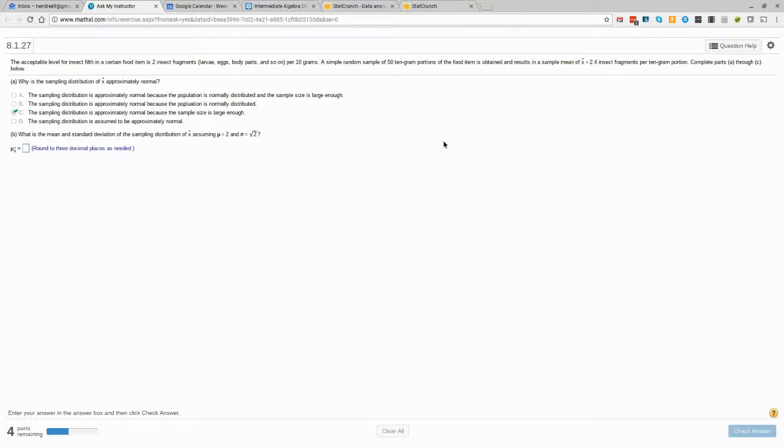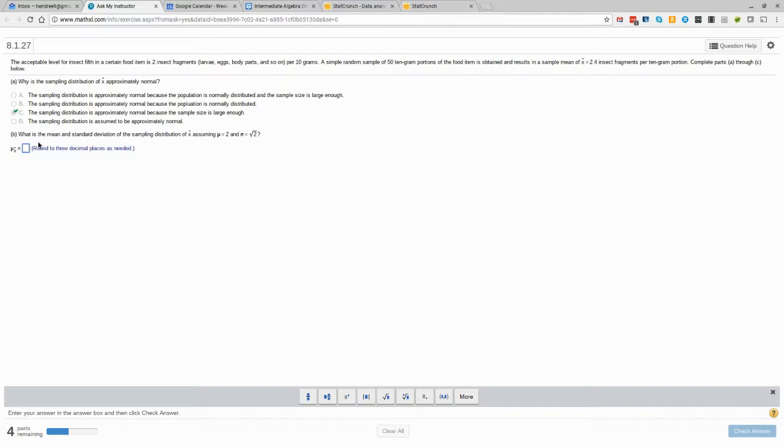Okay. What is the mean and standard deviation of the sampling distribution, assuming that the population mean is 2 and the population standard deviation is the square root of 2? Here's where we look at the relationship between the mean of the sample mean distribution and the underlying population mean. And we find that they're going to be the same.